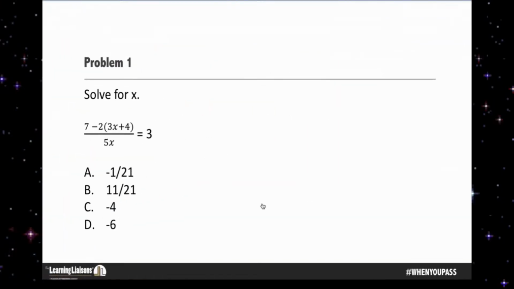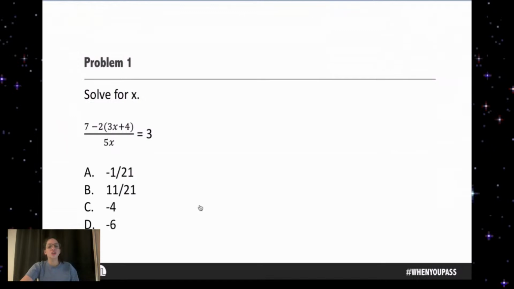Problem number 1, solve for x. 7 minus 2 times the quantity 3x plus 4, all divided by 5x, equals 3. So how are we going to solve this problem? This is a classic solving an equation with multiple steps. If you are K through 6, you need to understand how to solve 1 and 2 step problems.